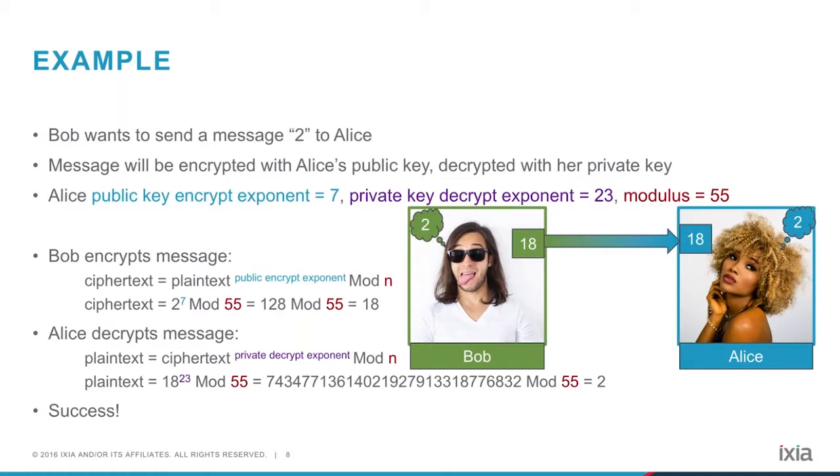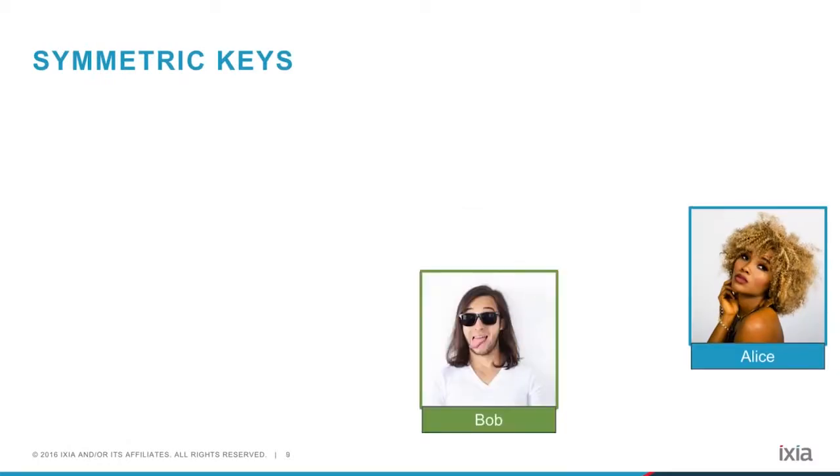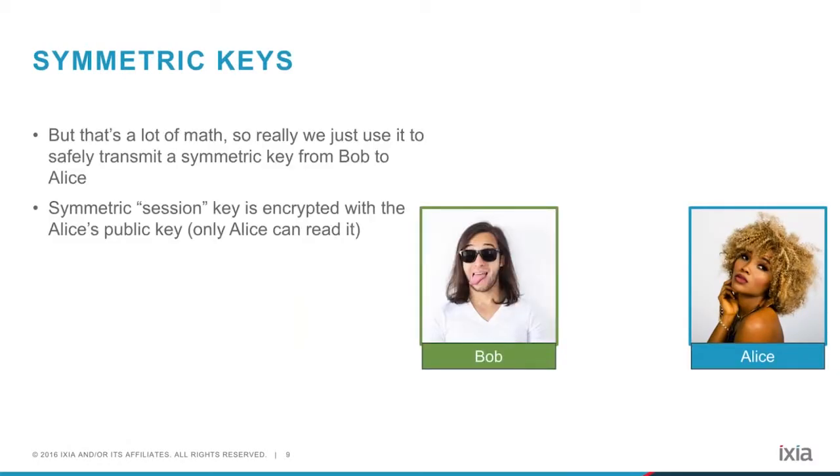However, there's a lot of math involved in that. There's a lot of computation involved in every message if you're doing all that work. So in practice, what we do with that public-private key setup is we really just use that to establish what's called a session key. And a session key is symmetric, which means we use the same number at either end.